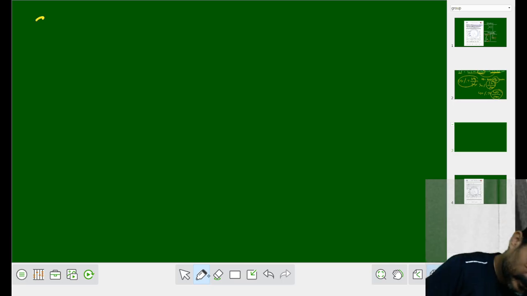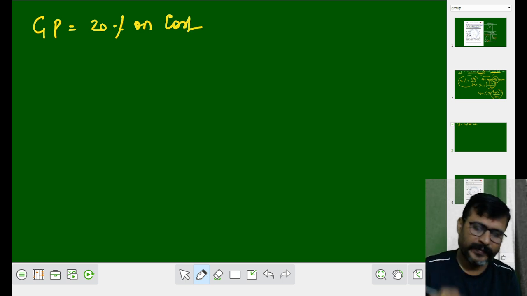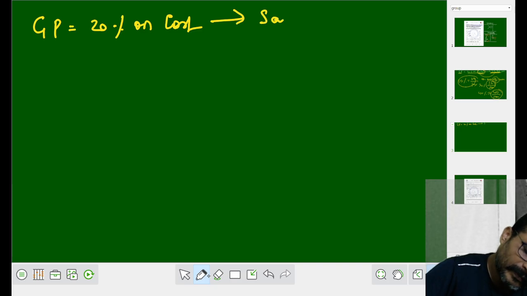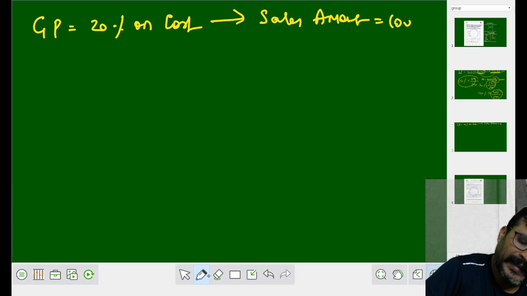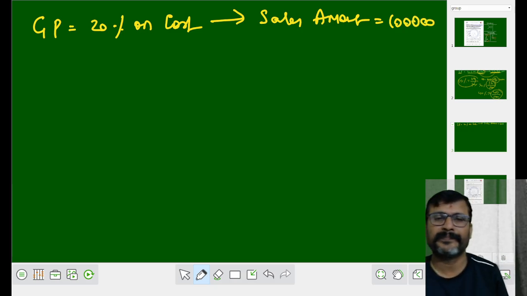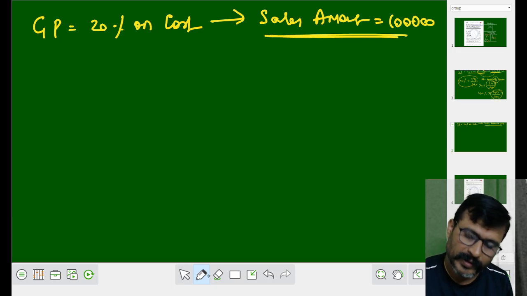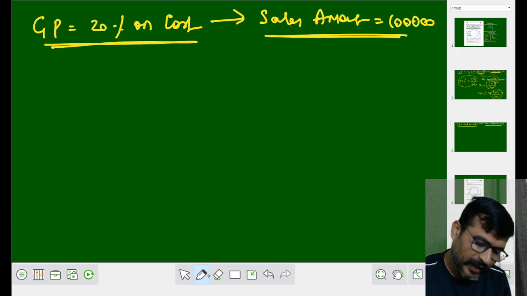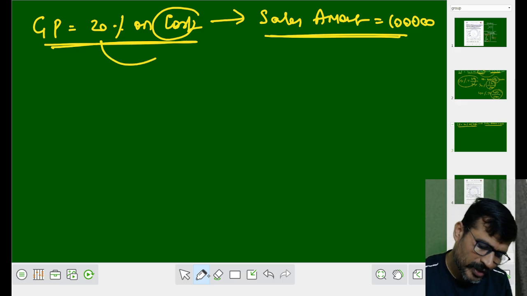See here, gross profit 20% on cost, but you know the sales amount 1 lakh. Profit is given on cost.